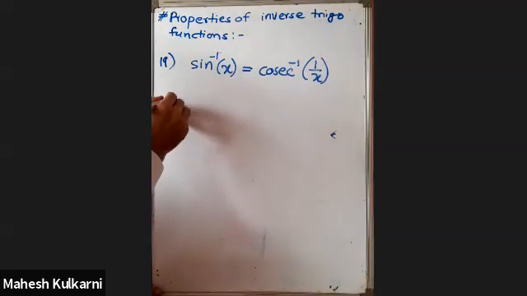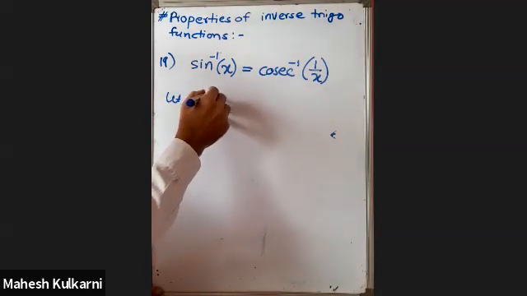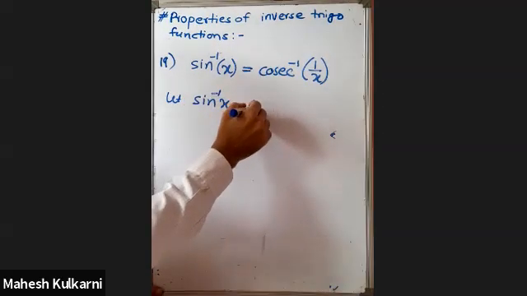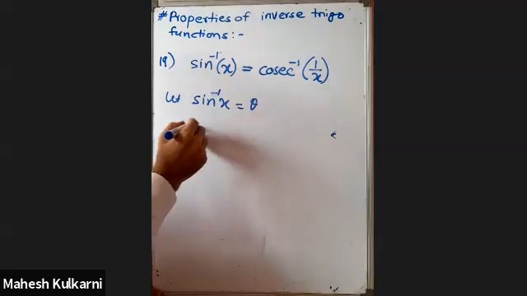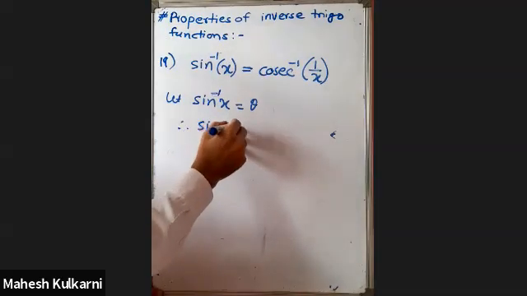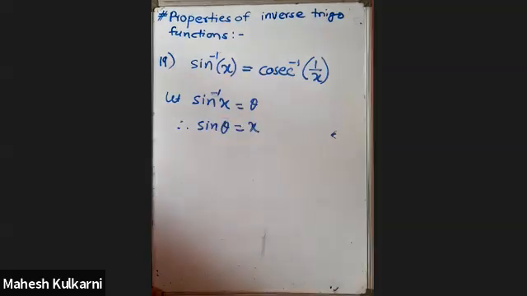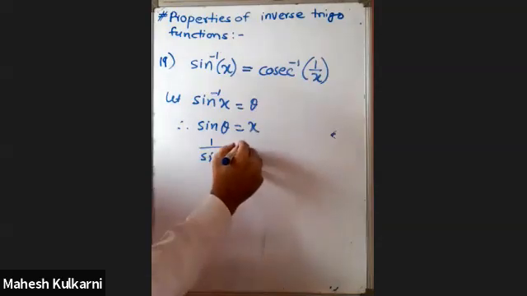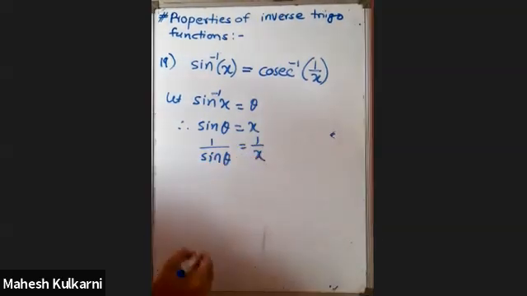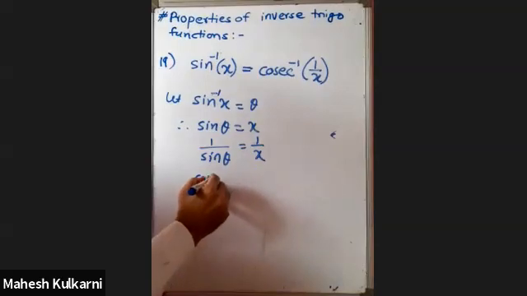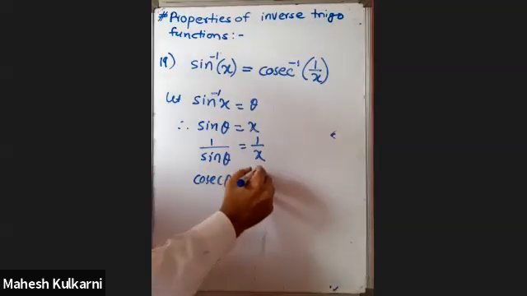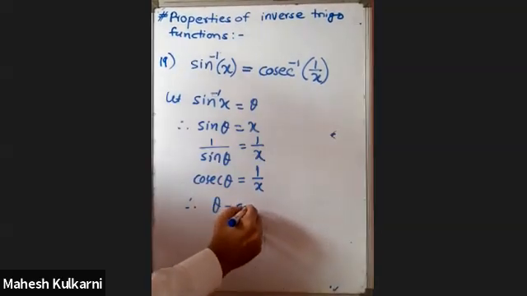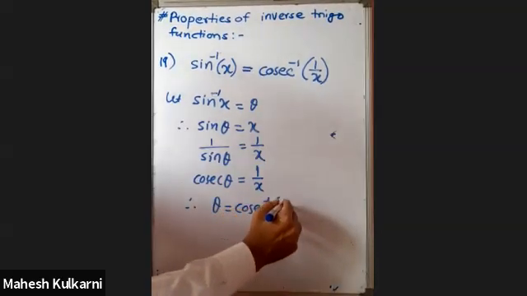See, is it so? Let sin inverse x be equal to theta. Therefore, sin theta is equal to x. Taking the inverse, 1 upon sin theta is equal to 1 upon x. But what is 1 upon sin theta? It is cosec theta, so cosec theta is 1 upon x. And therefore, theta is equal to cosec inverse of 1 upon x.